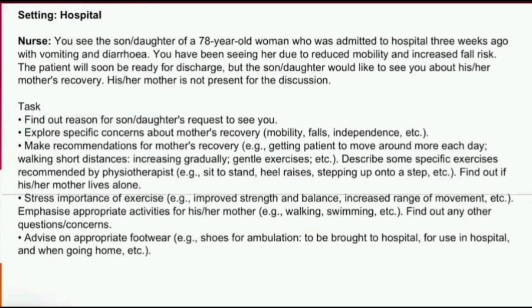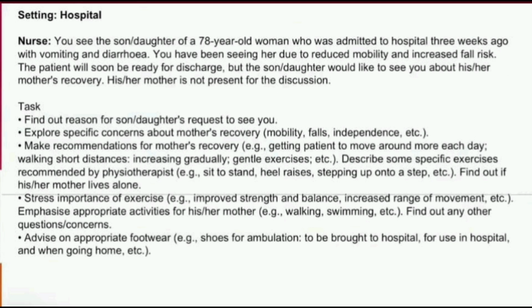So we can ask about the specific concern. Here we are providing reassurance to the bystander to reduce their anxiety regarding their mother's recovery.